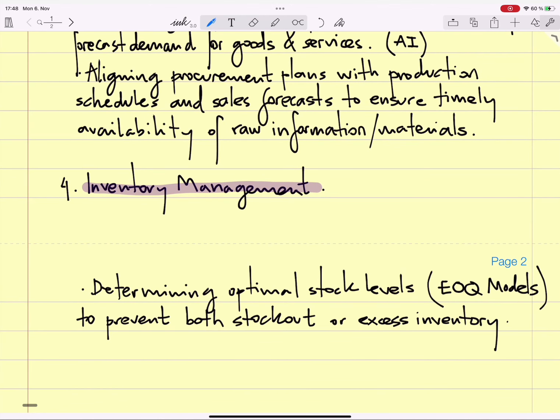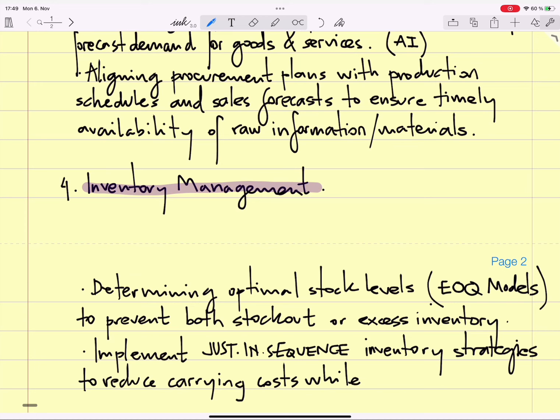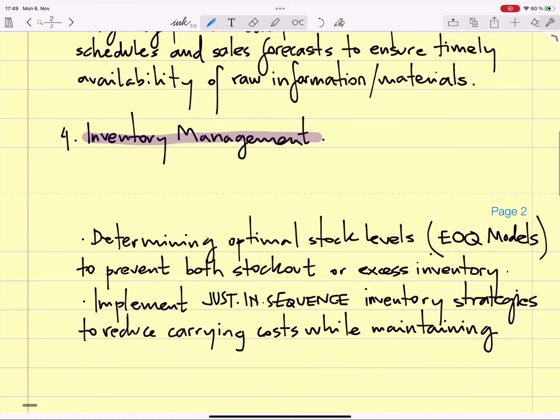And you can also implement just in time or just in sequence inventory strategies to reduce carrying costs while maintaining adequate levels of supply.